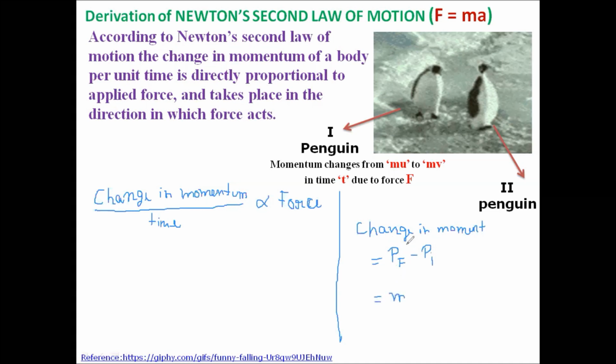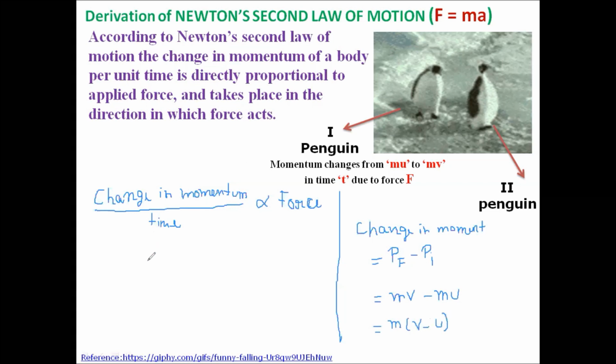So in place of final momentum, we can write mv, and in place of Pi, initial momentum, we can write mu. If I take m common, it comes out to be m(v minus u).